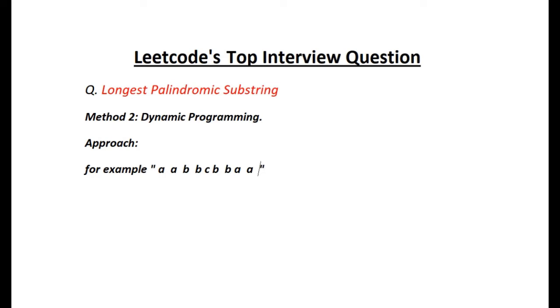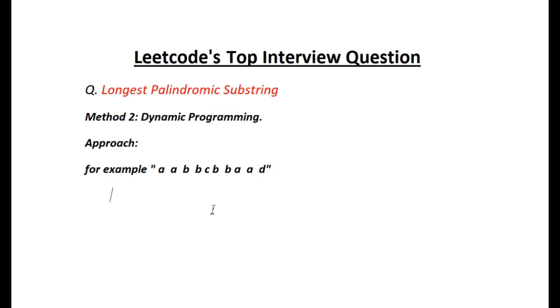If you see clearly, this is a substring that is a palindrome, and it's obviously the longest palindromic substring. We have to position it like this: this is I equal to 0, and this is I equal to n minus 1, where n is the length of the string.